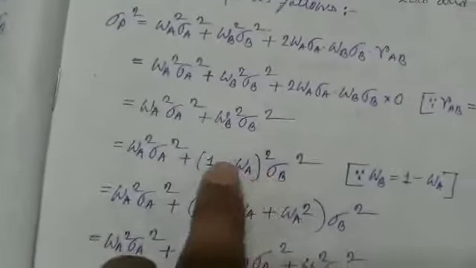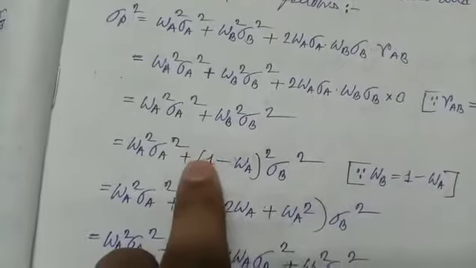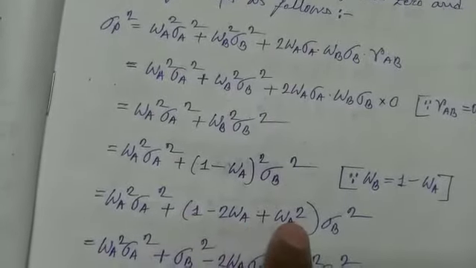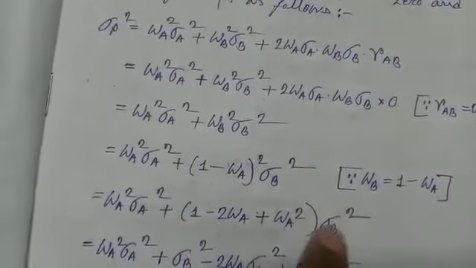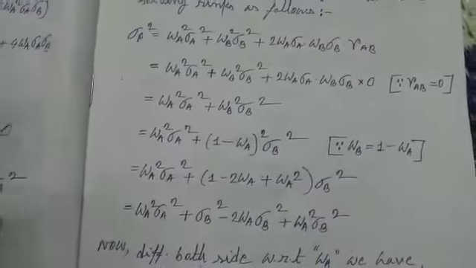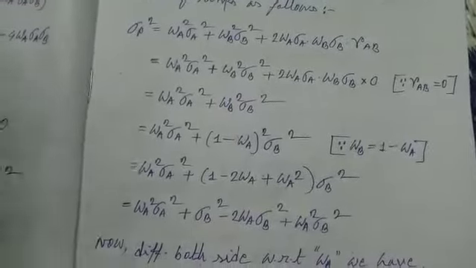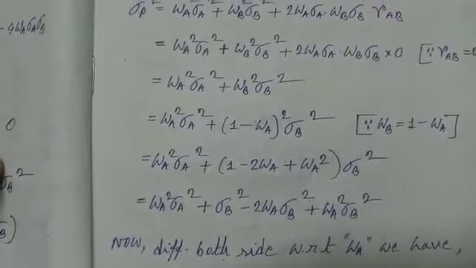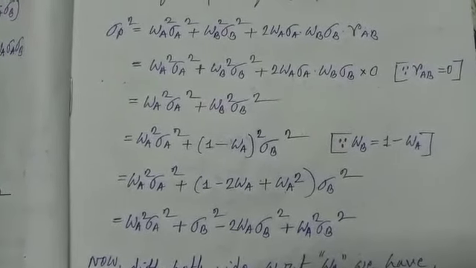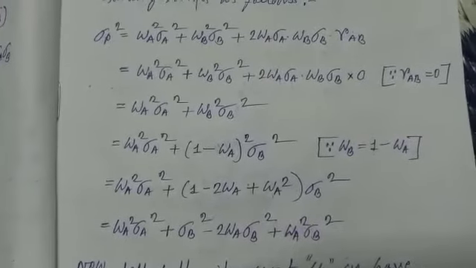Now 1 minus WA whole square can be converted into 1 minus 2WA plus WA square into sigma B square, and here the reduced variance function by putting RAB equal to 0 and by putting the value of WB which is equal to 1 minus WA comes to WA square into sigma A square plus sigma B square minus 2WA into sigma B square plus WA square into sigma B square.